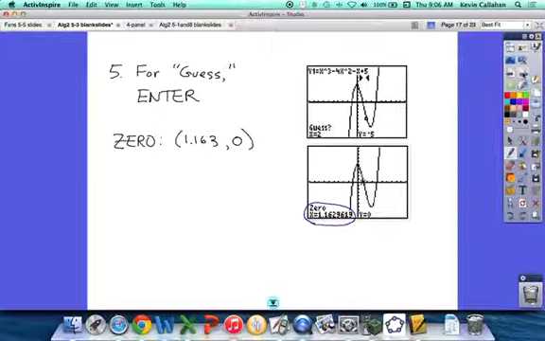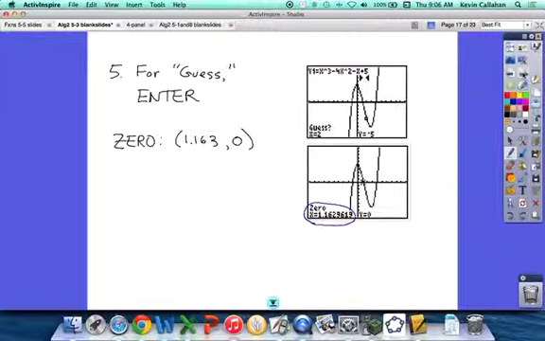Graph. Zoom 6. So there's your graph. Now try it. Second, trace 2. Put in 1 for the left bound. Enter. 2 for the right bound. Enter. And guess. Enter. Enter. Done. Yep.